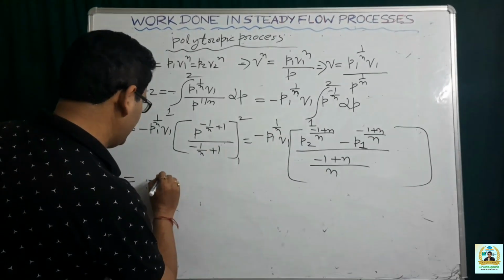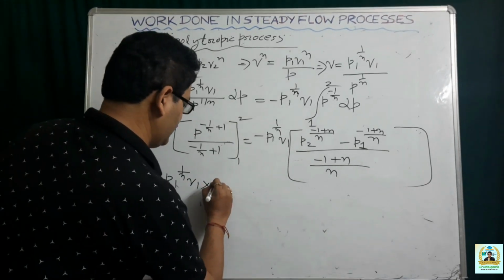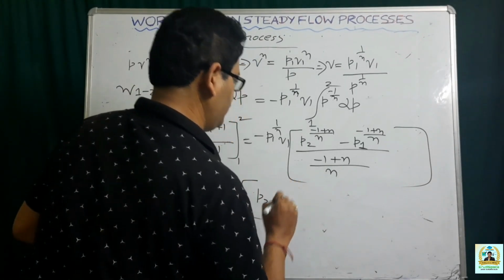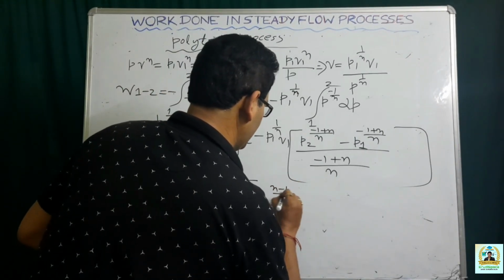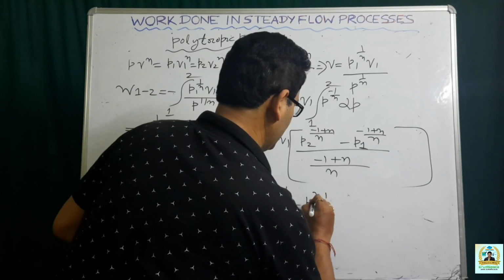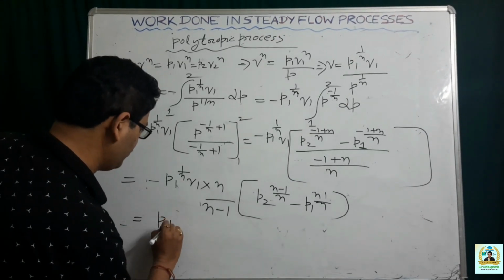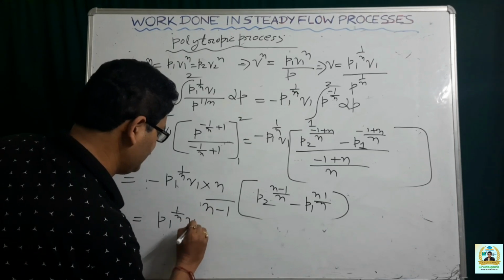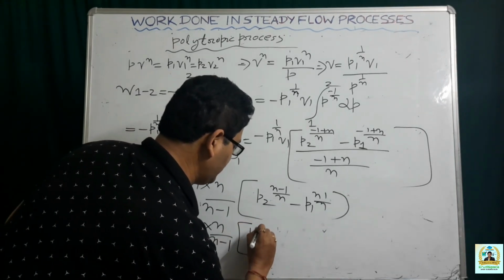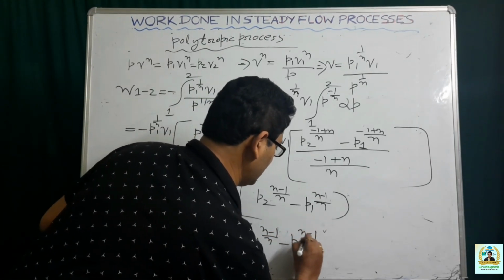So this is equal to minus P1 to the power 1 by n into V1 into n by n minus 1 into P2 to the power n minus 1 by n minus P1 to the power n minus 1 by n.